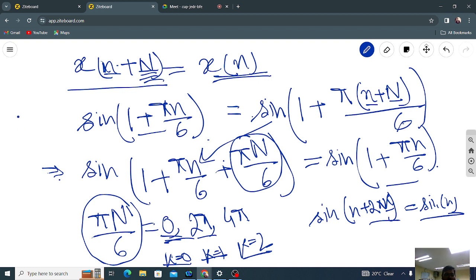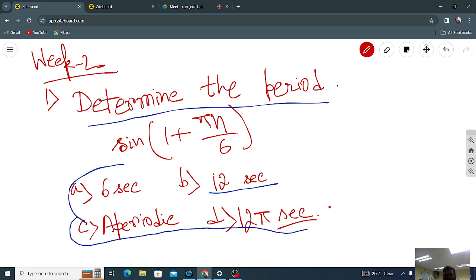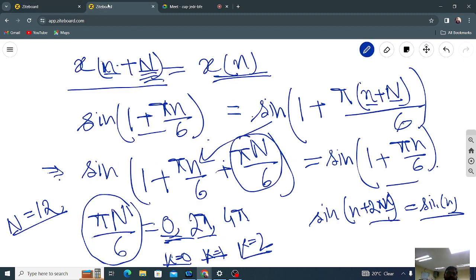Similarly, from this we can conclude that the value of N should be 12. Because in the question it is asked what is the period, the smallest one, that is 12 seconds within these options. We can say it is also periodic with 24 seconds, but it is the smallest time after which both the functions will be the same.